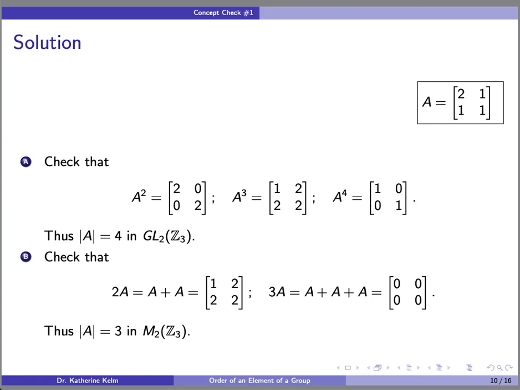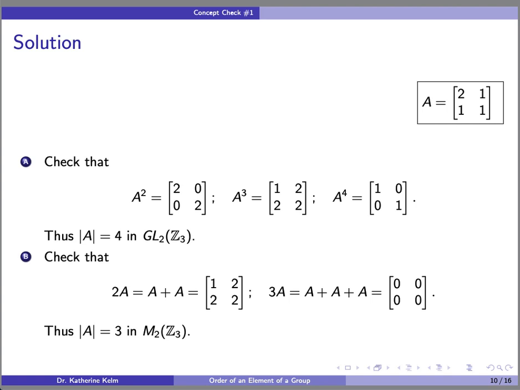For part B, we are working in M2 of Z3, which is a group under addition of matrices. So we have to add A to itself as many times as we need to in order to get the identity element of M2 Z3, which is the 0 matrix.